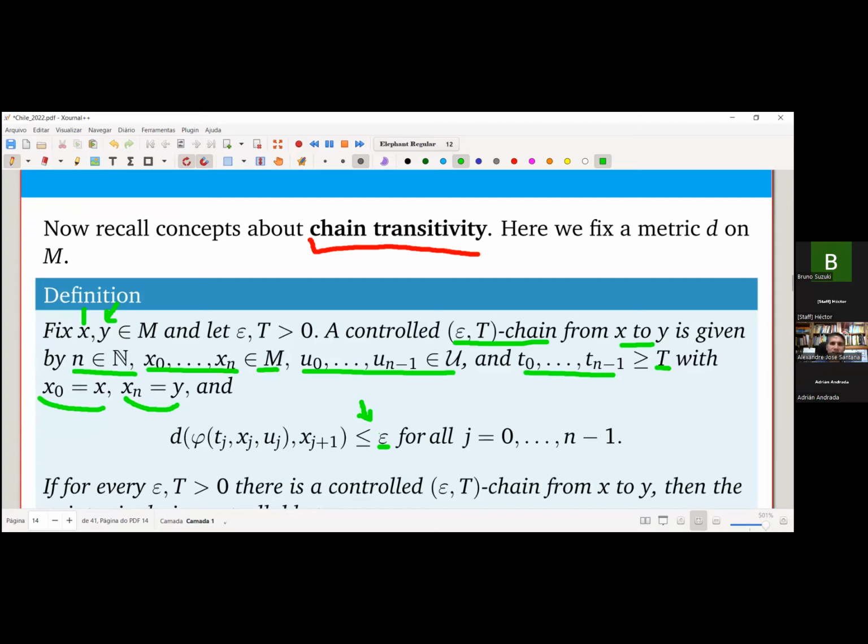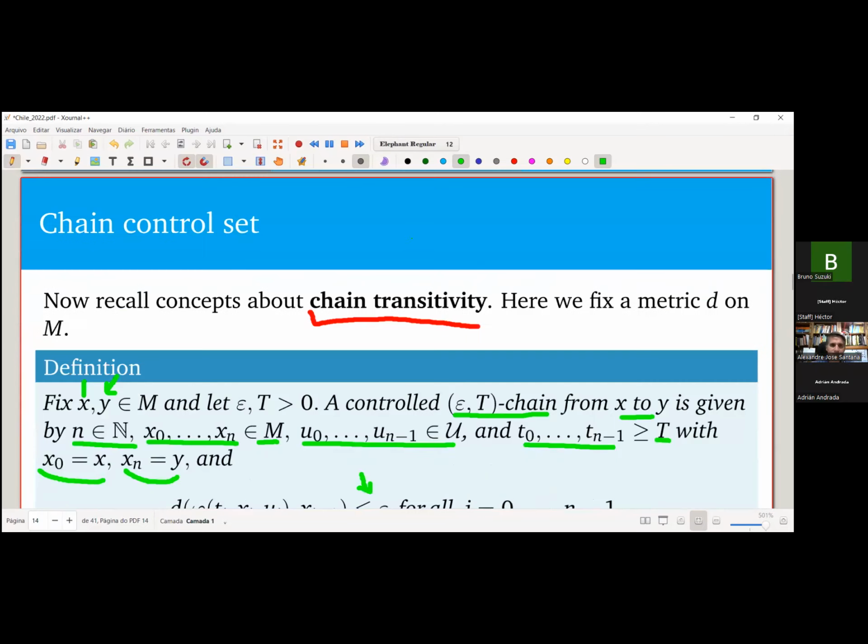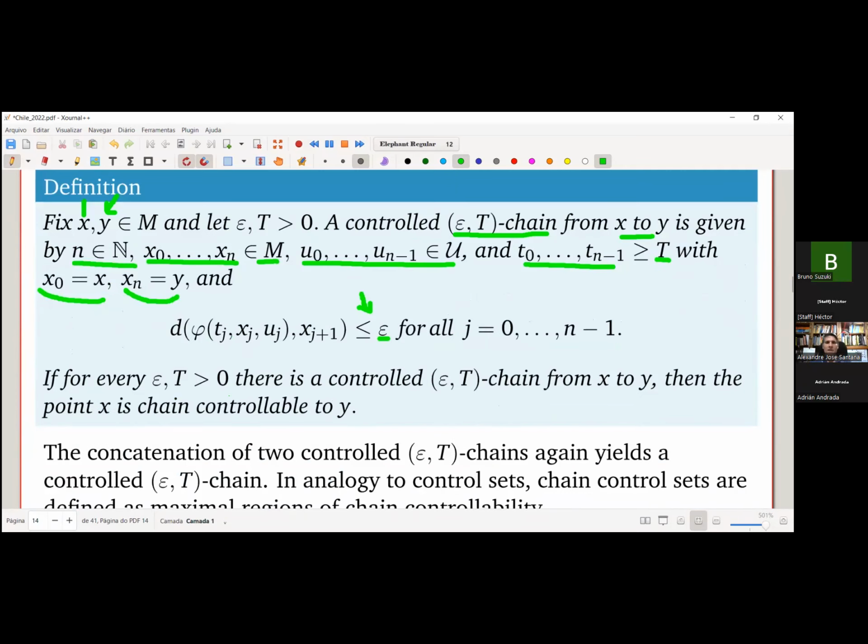So this is the idea that I put in this picture. Then if for every epsilon and capital T positive, there is a controlled chain from x to y, then the point x is chain controllable to y.